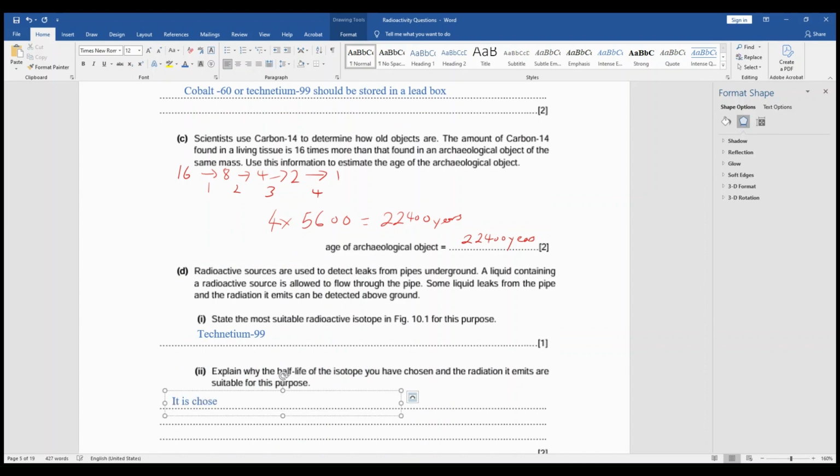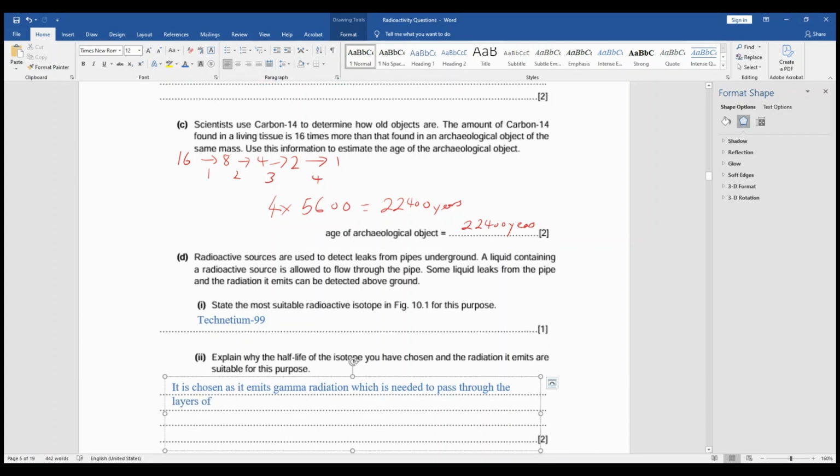It is chosen as it emits gamma radiation, which is needed to pass through the layers of soil to be detected above ground.